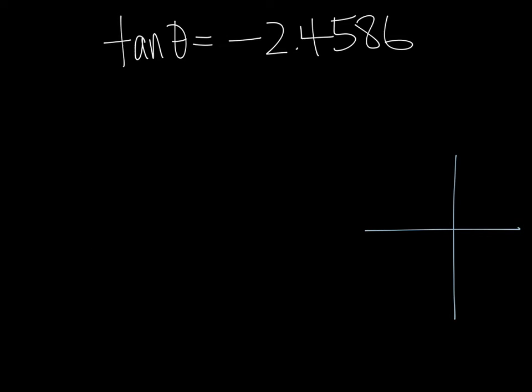On this one I have tan theta equals negative 2.4586. I'm going to use my CAST rule to decide which quadrants my thetas might be in. So tan is negative in this quadrant, and it's negative in this quadrant. So those would be the two angles we're looking at, here and here. We want the related acute angle.